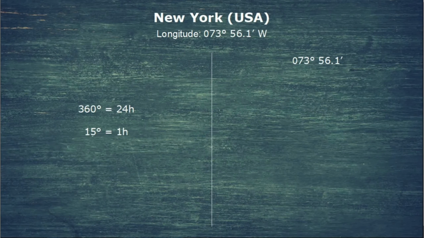All we do is we take that longitude and divide it by 15 degrees to find 4.929 hours, which in real terms is 4 hours 56 minutes. We know that our true time difference between things happening celestially in Greenwich to things happening at our longitude is 4 hours 56 minutes later because it's west.